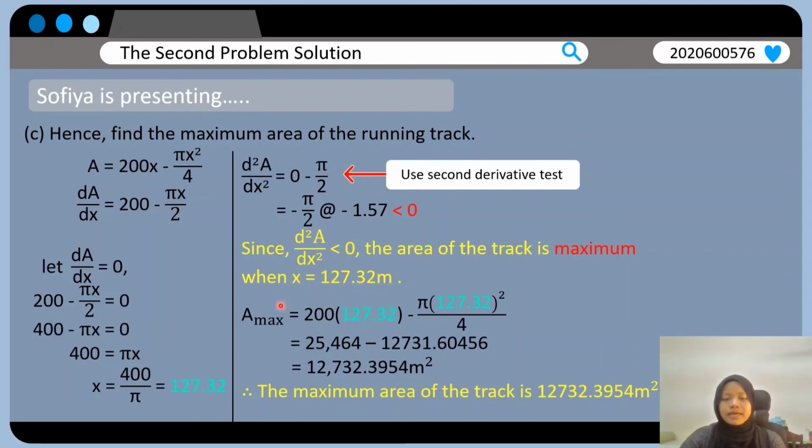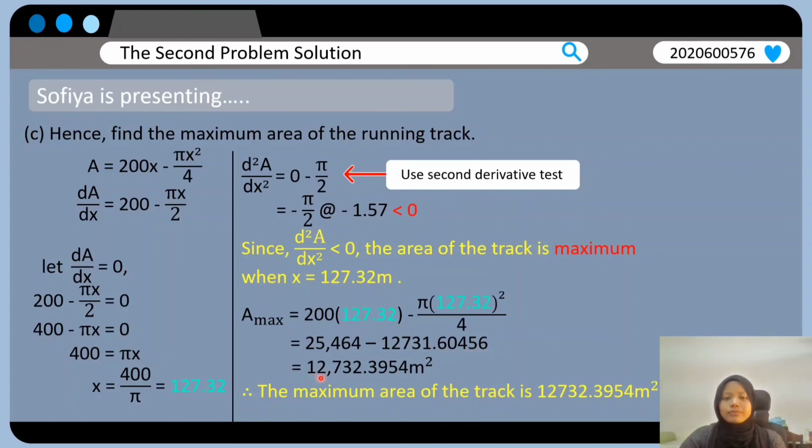To find the maximum area, we need to substitute the value of x that we got here into the area. So 200 times 127.32, we will get 25,464, and minus pi times 127.32 squared over 4, and we will get 12,731.60456.